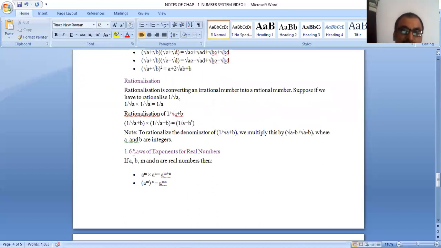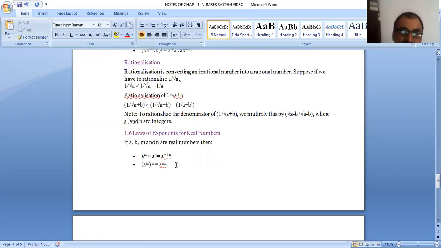Next, last topic of this chapter, laws of exponents for real numbers. If a, b and n are real numbers, then very easy. You have also studied in previous classes, like class 7, class 8 also.